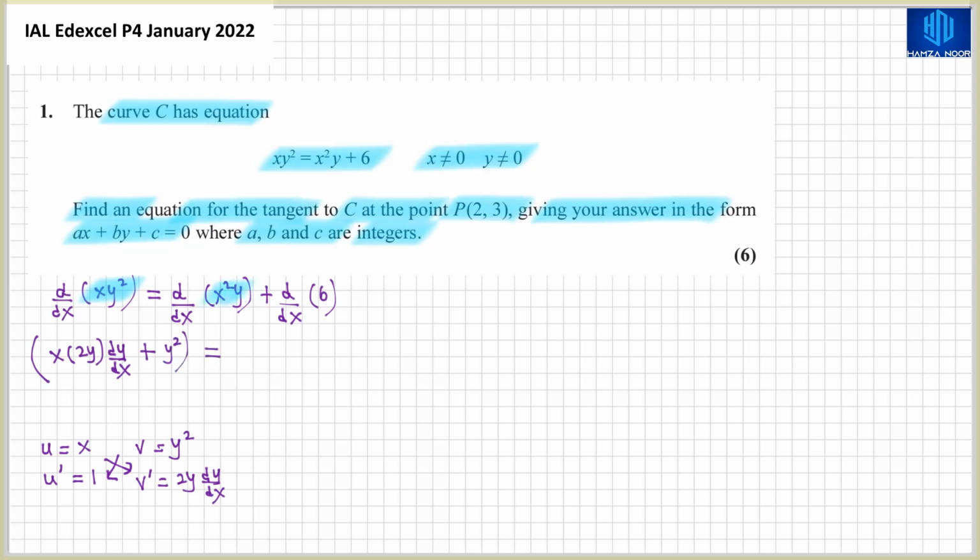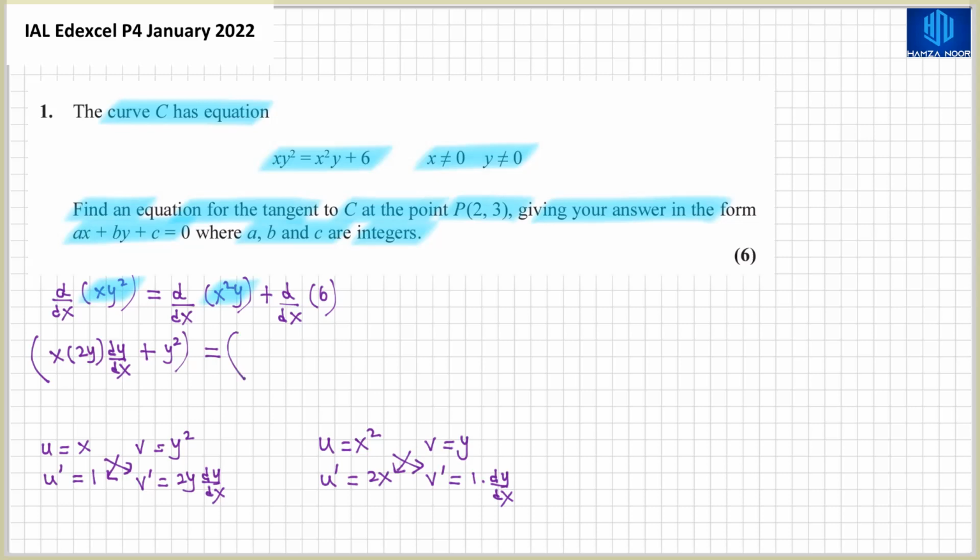And now we are going to differentiate x²y with respect to x, and for that purpose, I'm doing the working over here. u = x², so therefore u' = 2x. v = y, therefore v' = 1 multiplied by dy/dx. So uv' + vu'.